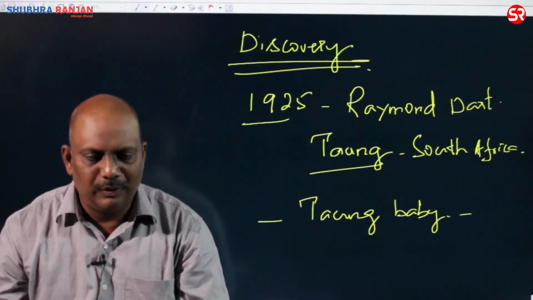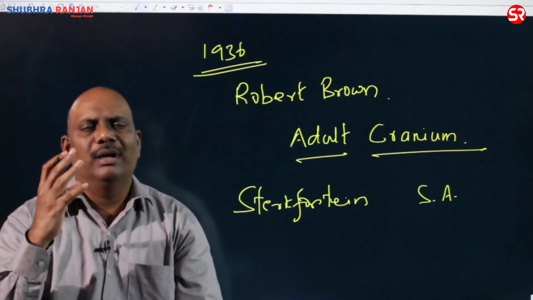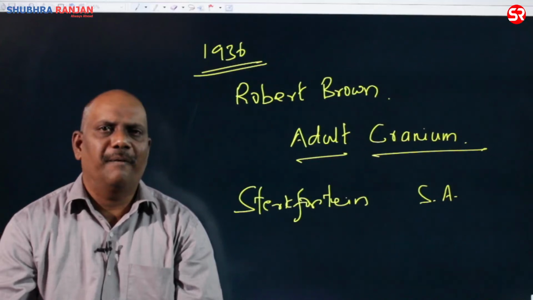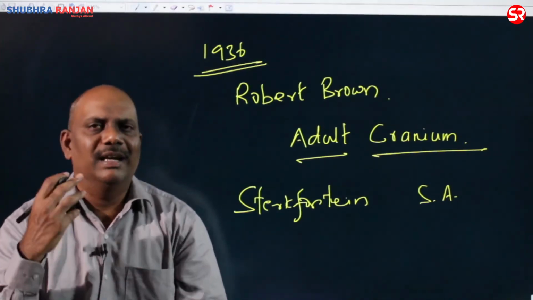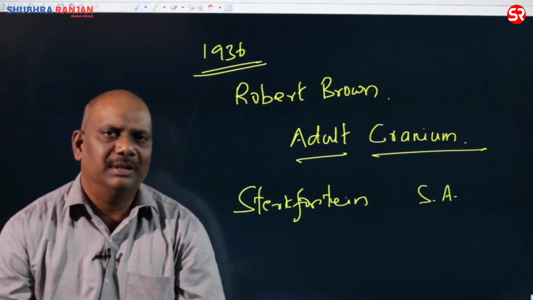So as I told you, in the year 1936, Robert Broom discovered one adult cranium from Sterkfontein in South Africa. Again, this was a great discovery. Even this was a fossilized Australopithecus.